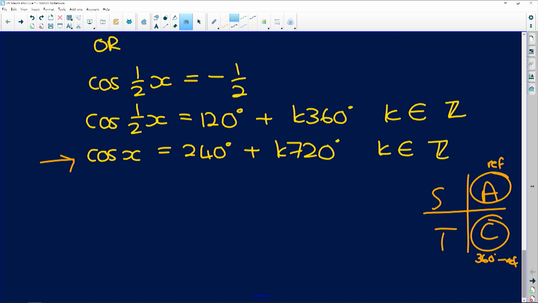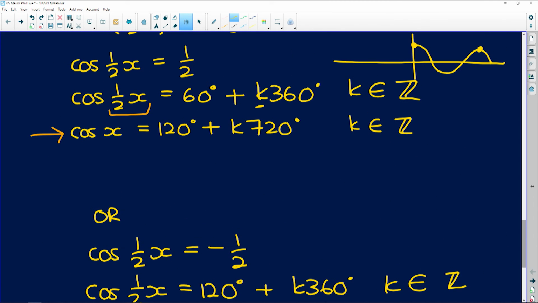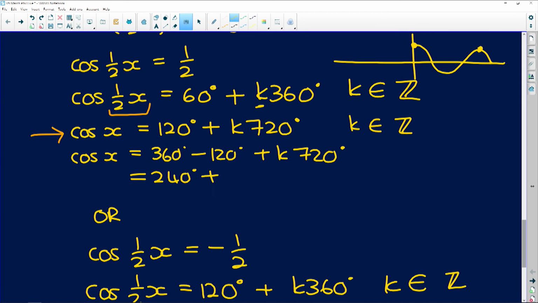So you need to go back and deal with that fourth quadrant. So over here, x is equal to 360 minus 120 degrees plus k720, which means that x is equal to 240 degrees plus k720.